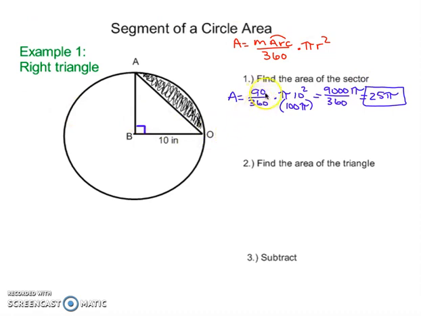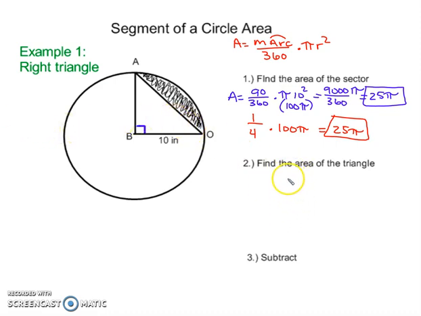We could reduce this down to 1/4 and multiply that times your 100 pi, and that would give us again 25 pi. So we get the same answer either way.